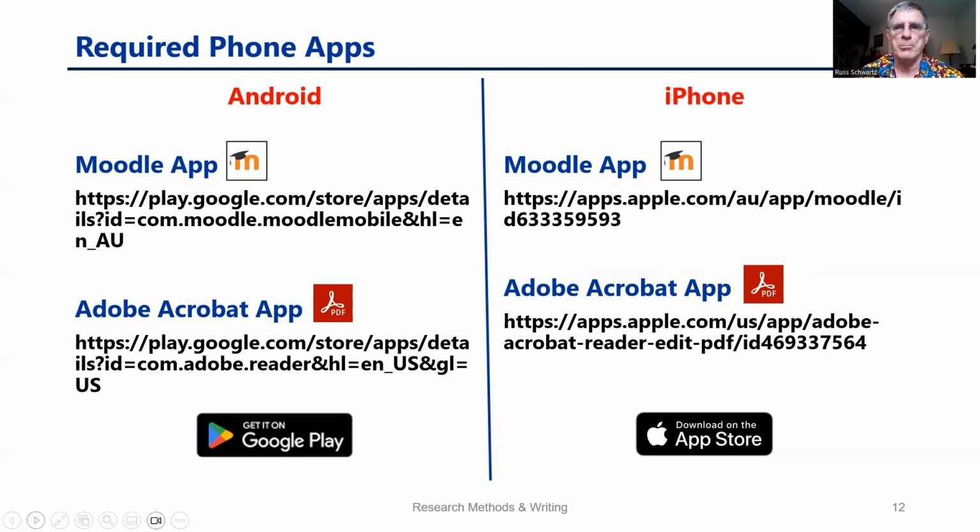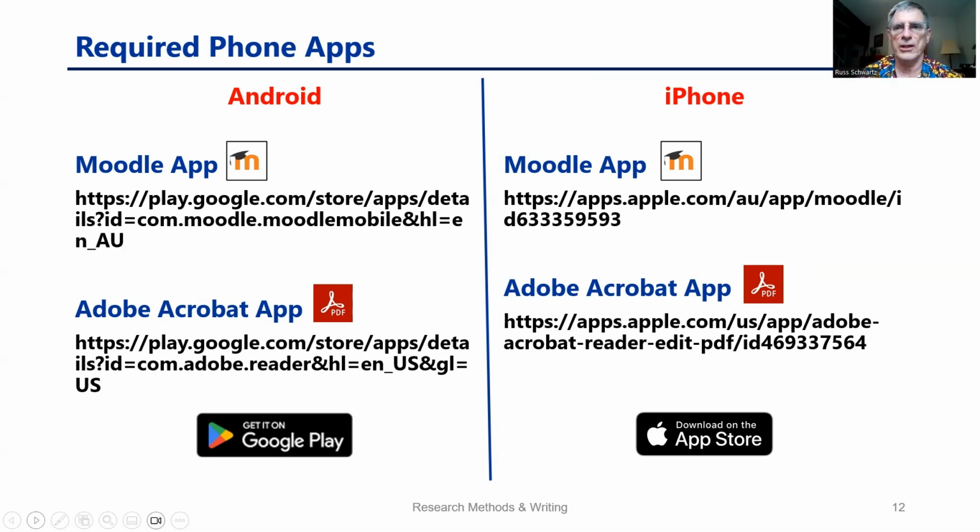You can take this course on your computer, but since most people don't have computers, we've set it up to work mostly on your phone. And you need two apps on your phone. One is the Moodle app, which is where all the course materials are, and one is the Adobe Acrobat app, which you use to read the course materials.